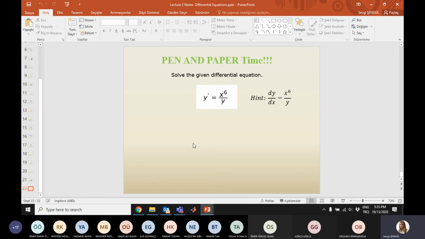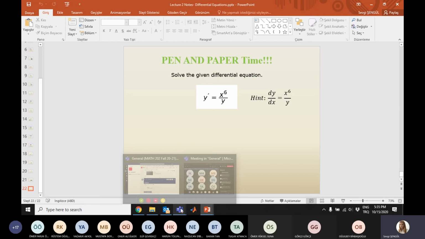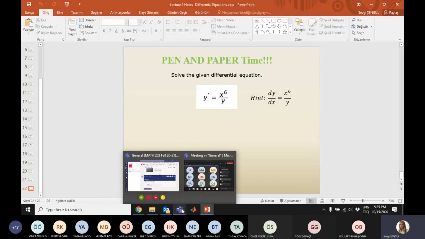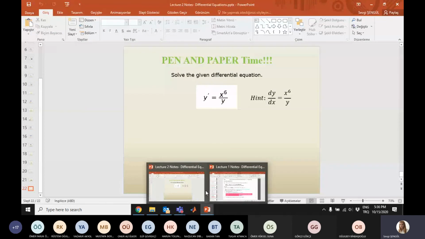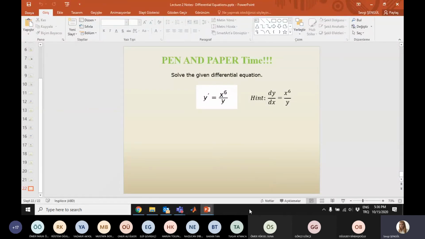Take the integral of each side. Make sure that everyone is following, because this is the easiest one you can find. At least make sure that you understand this one and you are able to find the answer easily. It can take just 2 minutes for you to solve it.